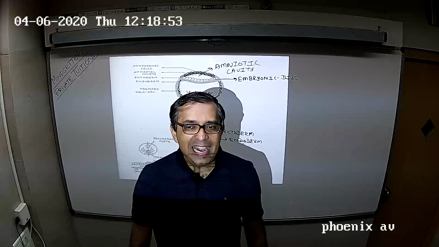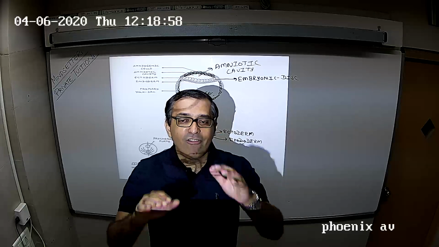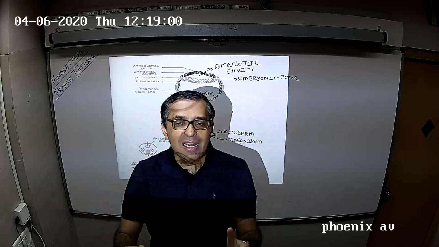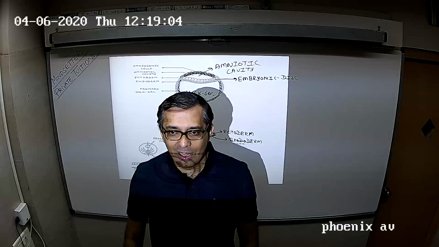Where does the ovary develop from? The ovary develops from the mesoderm. But where does the germinal epithelium develop from? The yolk sac cells.